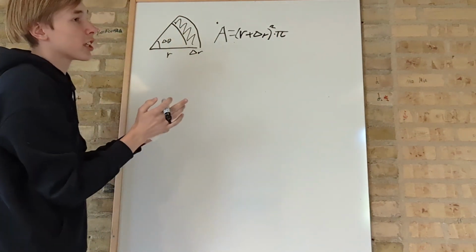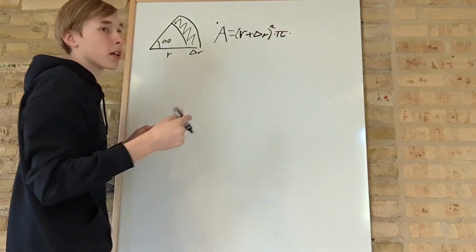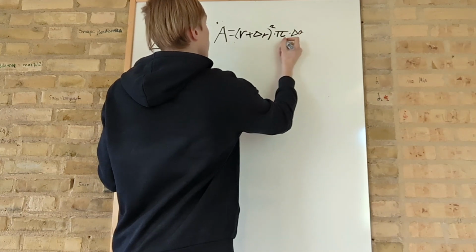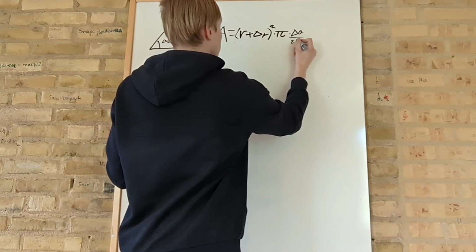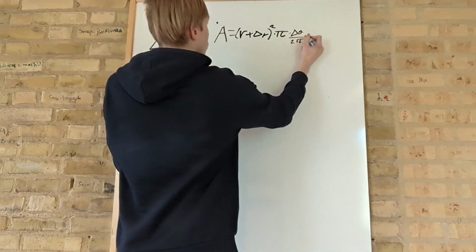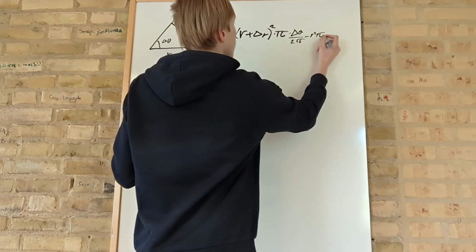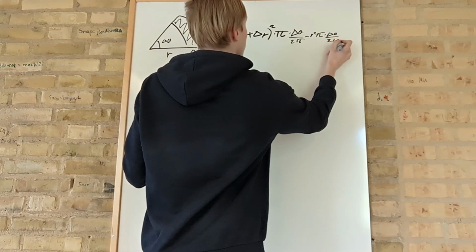And now, because it's a sector of the circle, we'll have to multiply by the angle, which will be delta theta over 2 pi, and then subtract the inner, which is just r squared pi times delta theta over 2 pi.